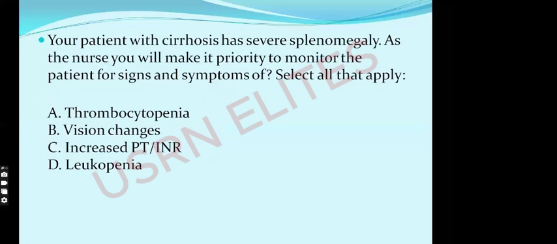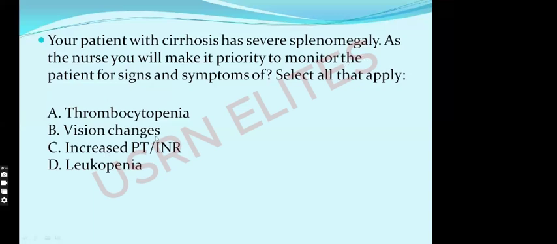Your patient with cirrhosis has severe splenomegaly. As the nurse, you will make it priority to monitor the patient for signs and symptoms of which one? The patient has cirrhosis and now has severe splenomegaly.